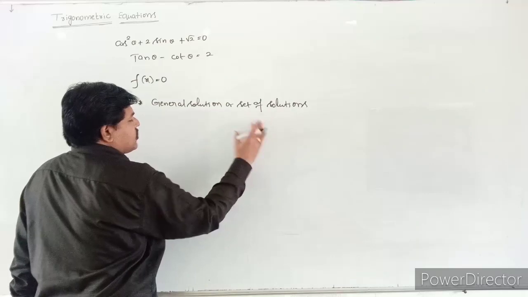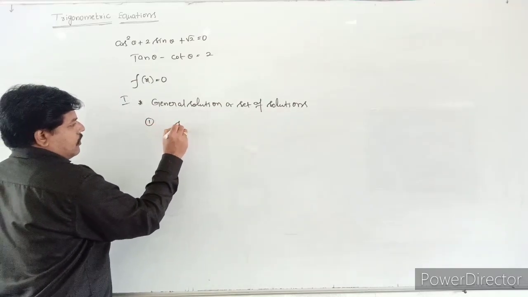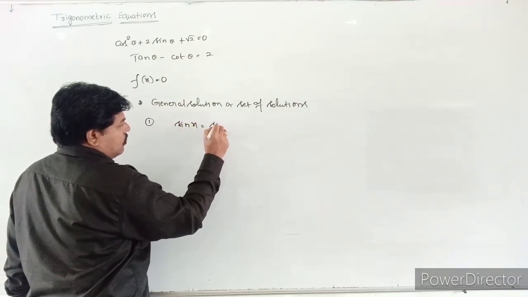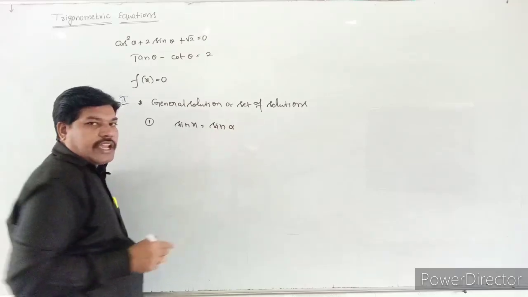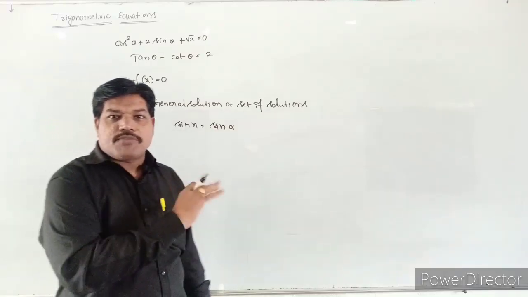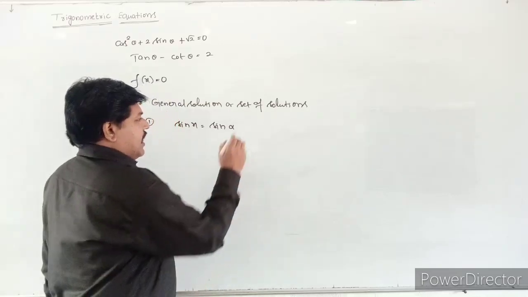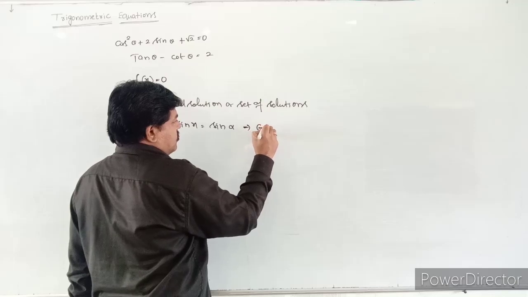The general solution, or set of solutions: for the first one, if the equation is in the form sin x = sin alpha, then what is the general solution?